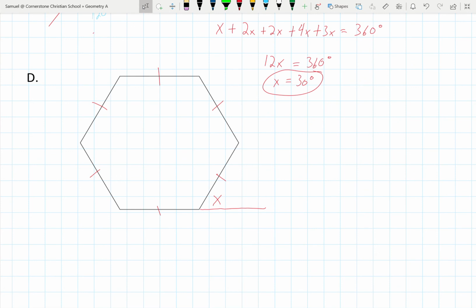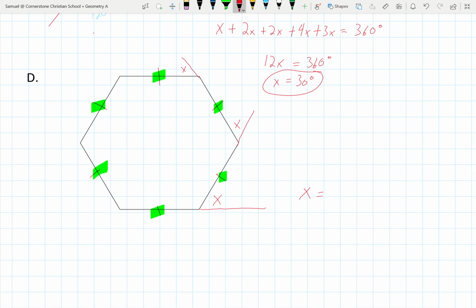And so here on example D, I have a hexagon, 1, 2, 3, 4, 5, 6 sides, and I need to find x. Now, these lines here symbolize that this is a regular polygon, meaning all of the sides are the same, all of the angles are the same, which actually also means all the exterior angles are the same as well.